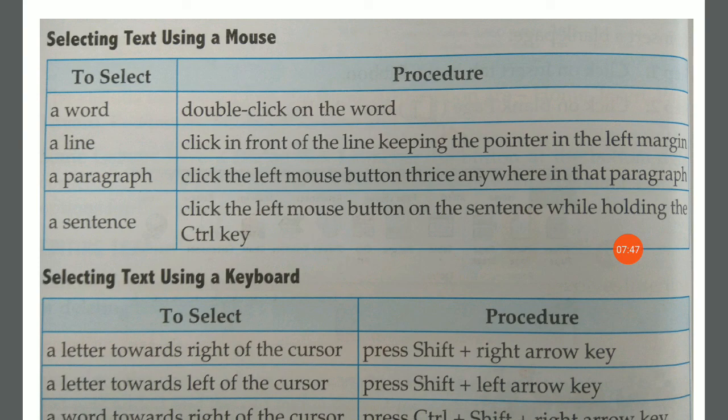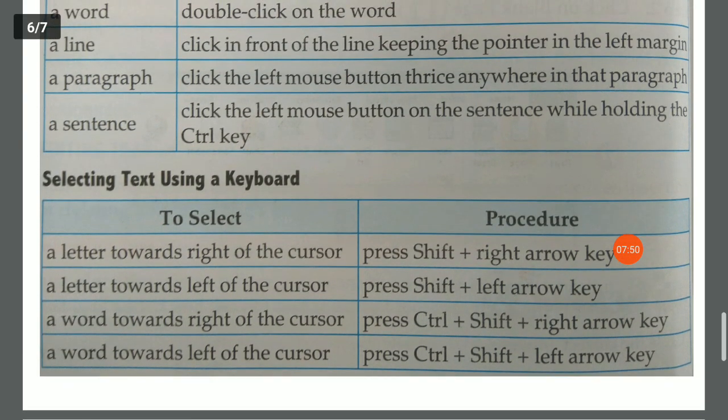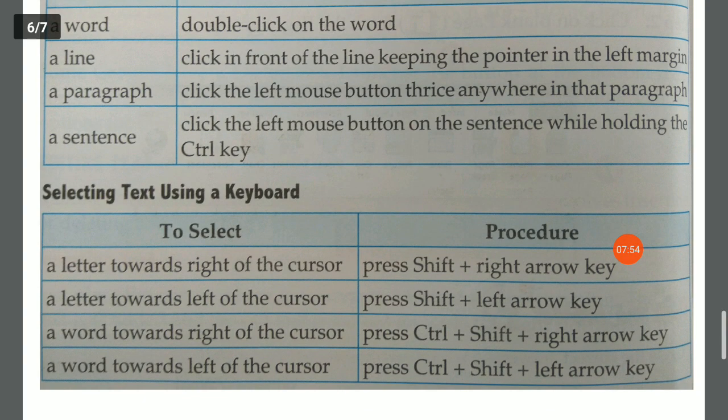Now selecting text using keyboard. How can we select text using keyboard? Let's see. If you want to select a letter towards right side of the cursor, now what you need to do? You need to press shift key along with right arrow key. In the same way, if you want to select a letter towards left side of the cursor, you need to press shift key along with left arrow key.